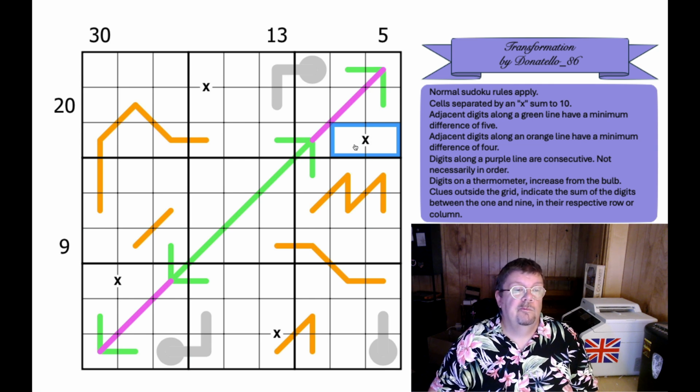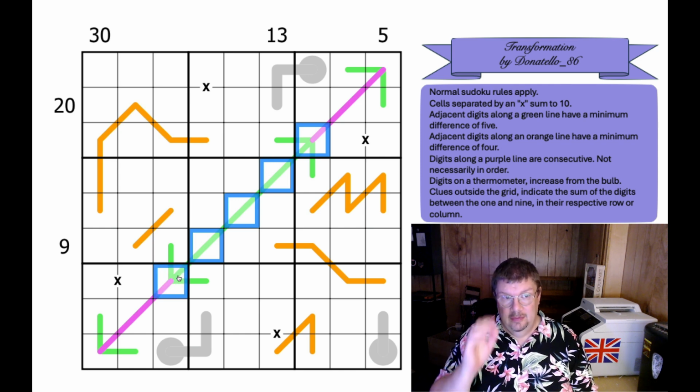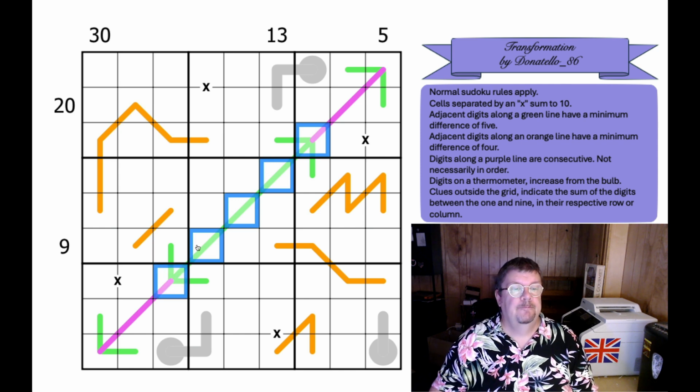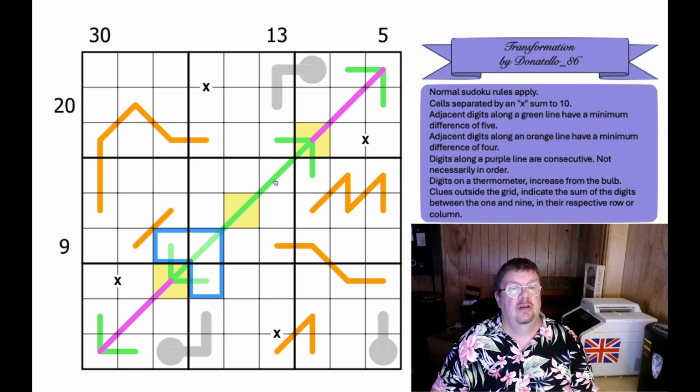So, right, I think what I'm going to do is, first of all, colour this German whispers line because it's the bigger one. I think I'm going to do yellow and pink.